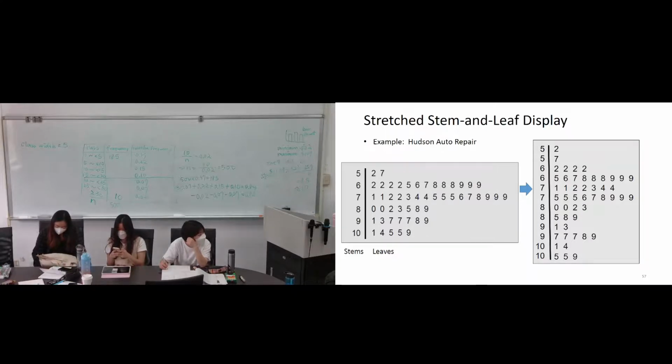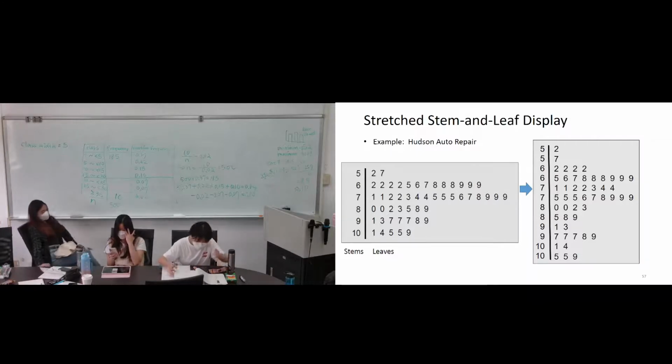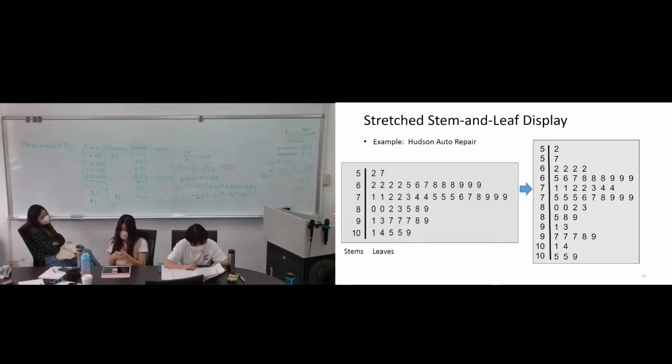And then for the 70s, 71, 72, 73, 74 are in the category from 70 to 74. The rest of them, 75, 76, 77, 78, 79, belong to the next one, from 75 to 79. From the 80s, we put 0, 0, 2, 3 in the category from 80 to 84, and 5, 8, 9 in the category 85 to 89.